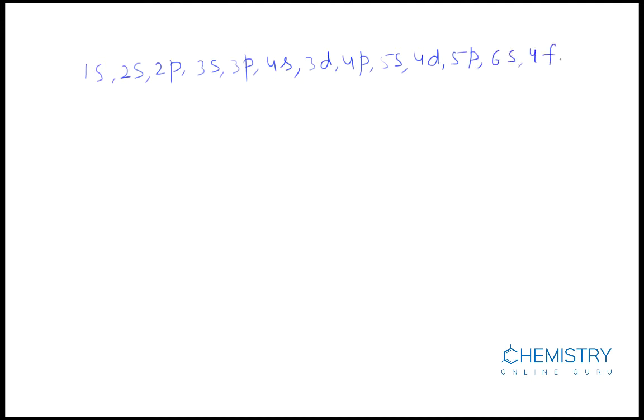First of all, the energy of 1s is lowest, then 2s, then 2p, 3s, 3p, 4s, 3d, 4p, 5s, 4d, 5p, then 6s, 4f, 5d, 6p, 7s, 5f, 6d, then 7p.